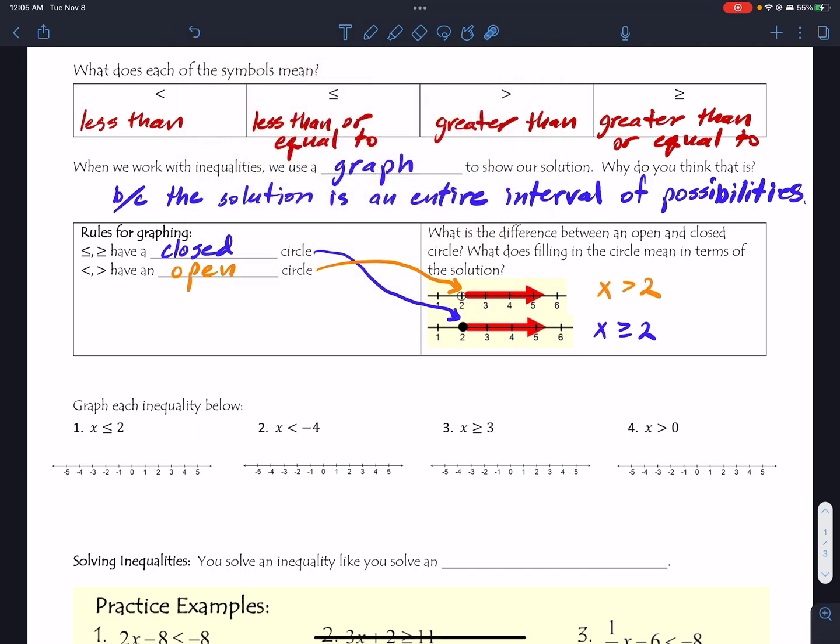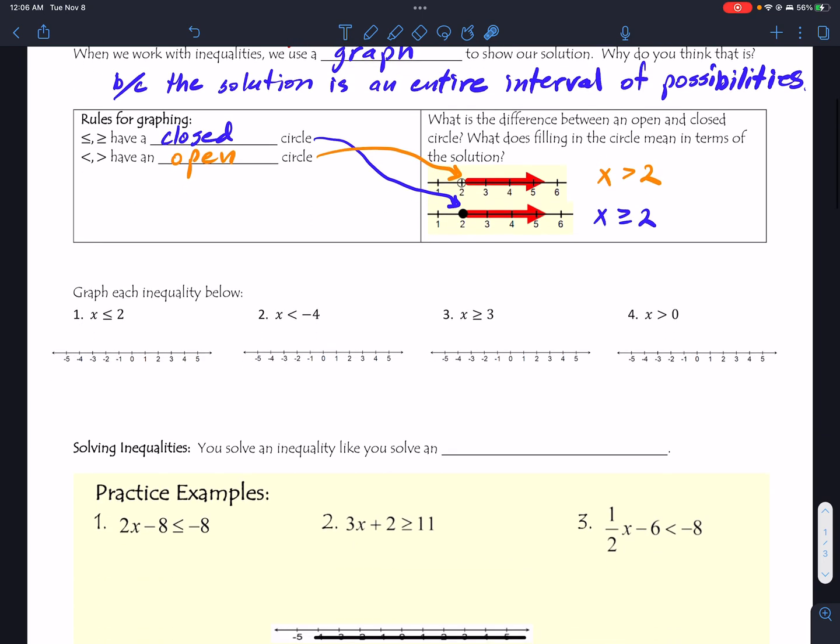How did I come up with the greater than? Well, the arrow is pointing to the right, toward the values that are larger than our boundary point of 2. That means it's including all those positive values, all those bigger numbers. So, greater than.